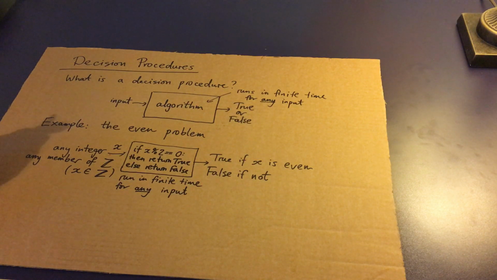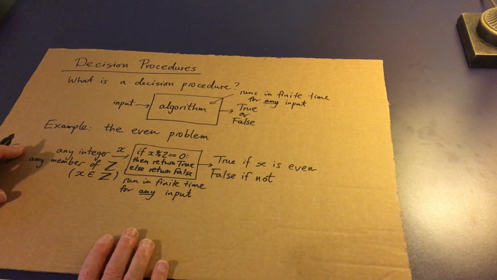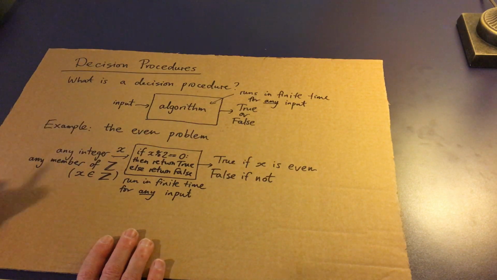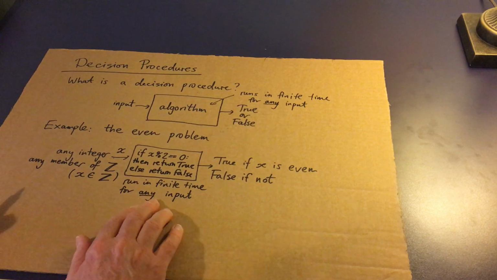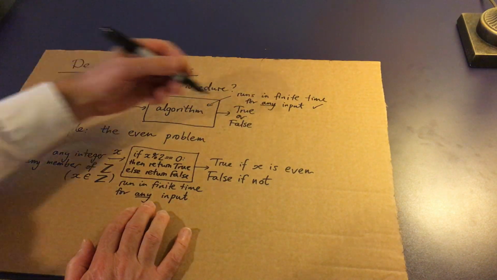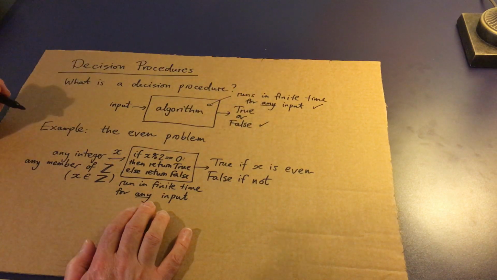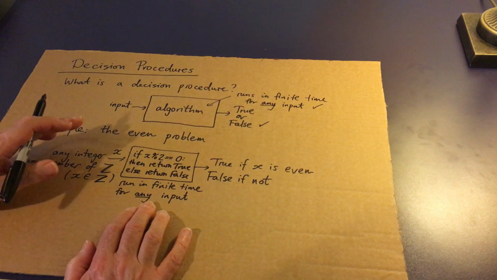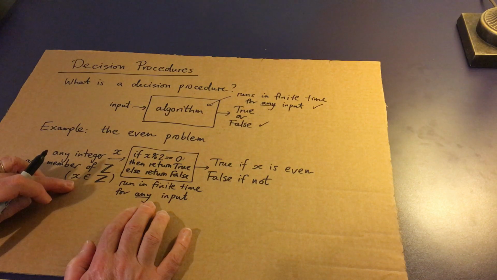It will eventually come up with the goods. So, the even problem, this is the algorithm. It runs in a finite time for any input, so therefore it accords to that. It returns true or false for any input. It works for any input, any member of Z it works for.